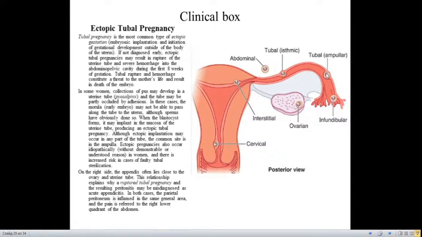Very difficult issue in case of uterine tubal pregnancy. Why so? Of course, as the zygote grows, it becomes larger, and finally it might cause a rupture of the uterine tube with severe bleeding. That is a complication of this process.